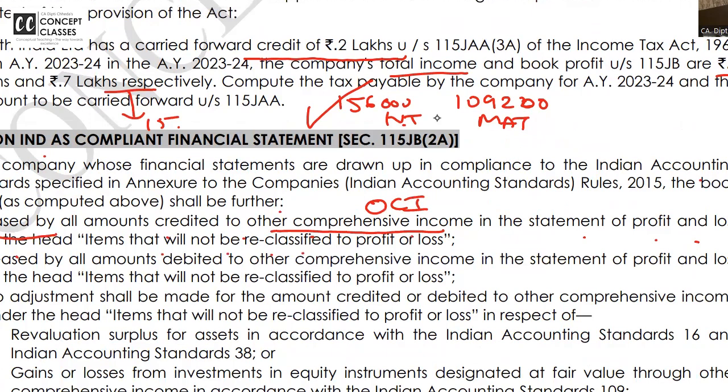If you have income in other comprehensive income that is never going to be credited to the P&L account, increase your income and pay the tax on it now only.